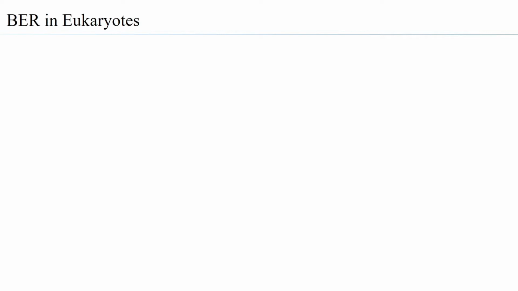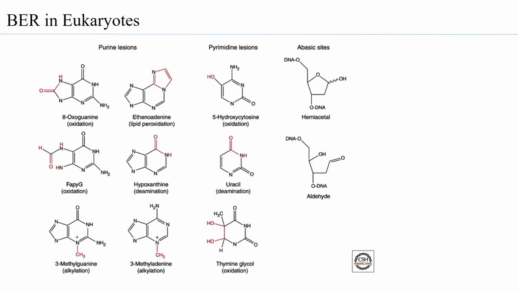Getting an overview of the damages that are taken care of by BER. So you have damages happening in the bases due to oxidation. As you can see over here, 8-oxoguanine is one common oxidation damage.